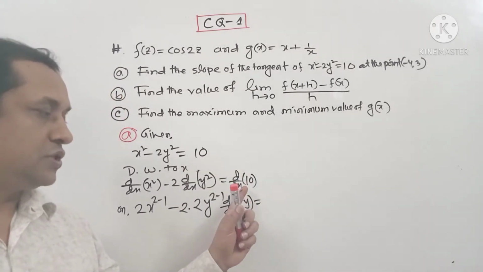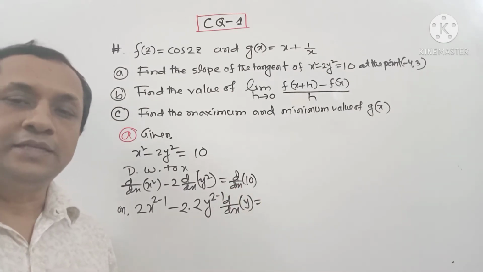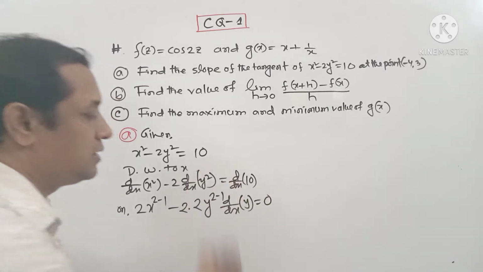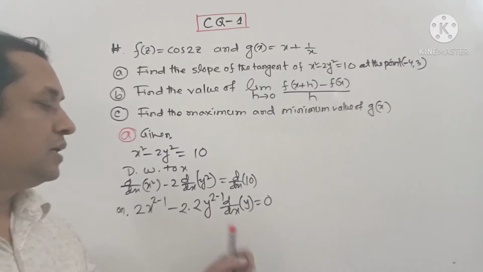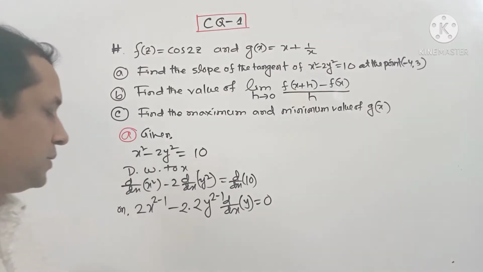And we know, using the formula, d dx of a constant equals 0, so d dx of 10 equals 0. Are you clear, students? You have learned d dx of a constant equals 0.